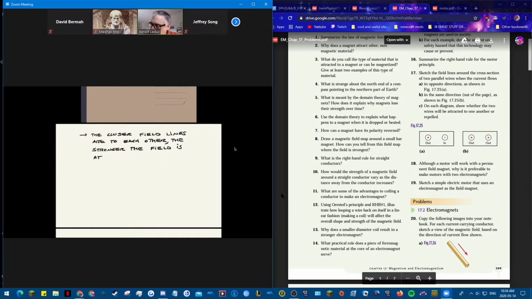So the closer, the stronger. And this is true for all types of fields: electrical field, gravitational field, magnetic field lines. So the closer they are to each other, the stronger the field is in this location.